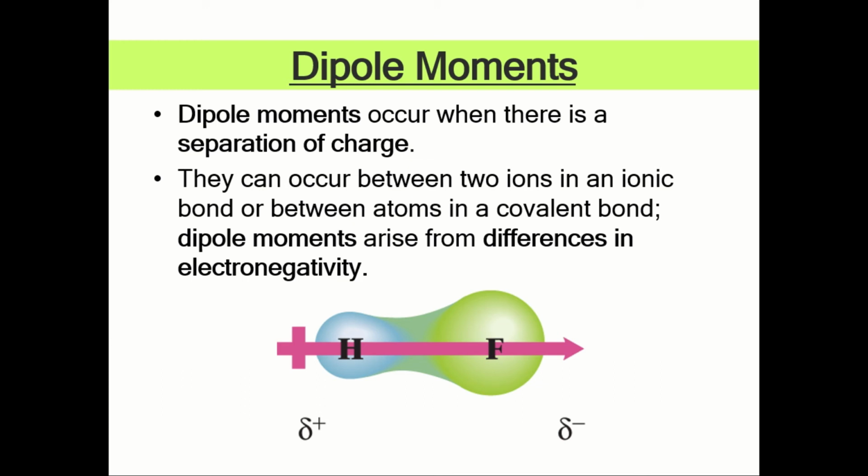Aside from ionic, it's usually observed in polar covalent bonds. Because there is a separation of charge and a difference in electronegativity, there is what we call the dipole moment. The dipole moment is represented by an arrow, and this arrow always points to the most electronegative element in the molecule.